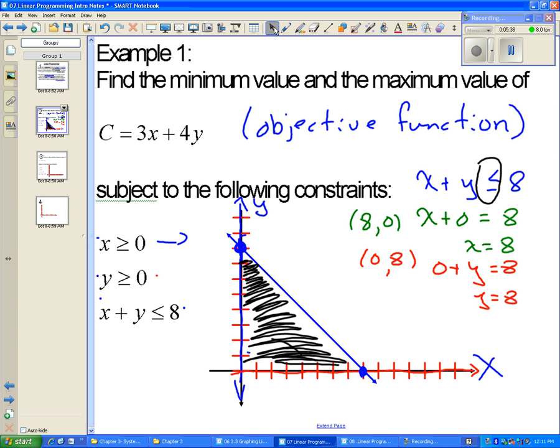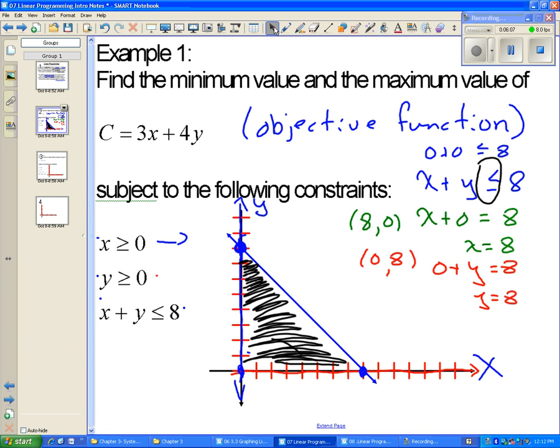If I plug in (0, 0), I get 0 plus 0 is less than or equal to 8. That's a true statement. So I know I want below, since I picked that point there. And this is the graph of my region, which includes the x-axis, the y-axis, and that blue line. This is my bounded region.